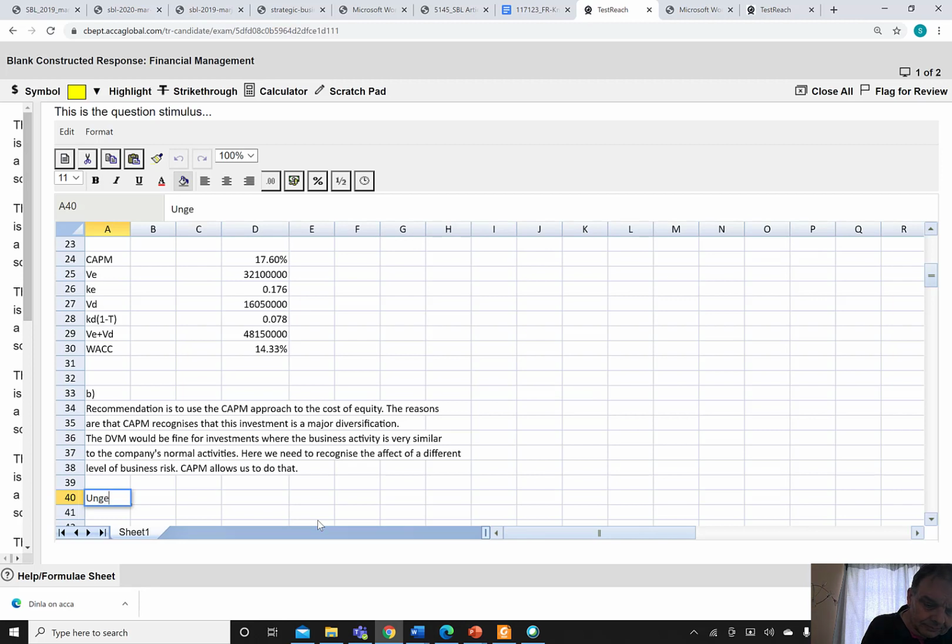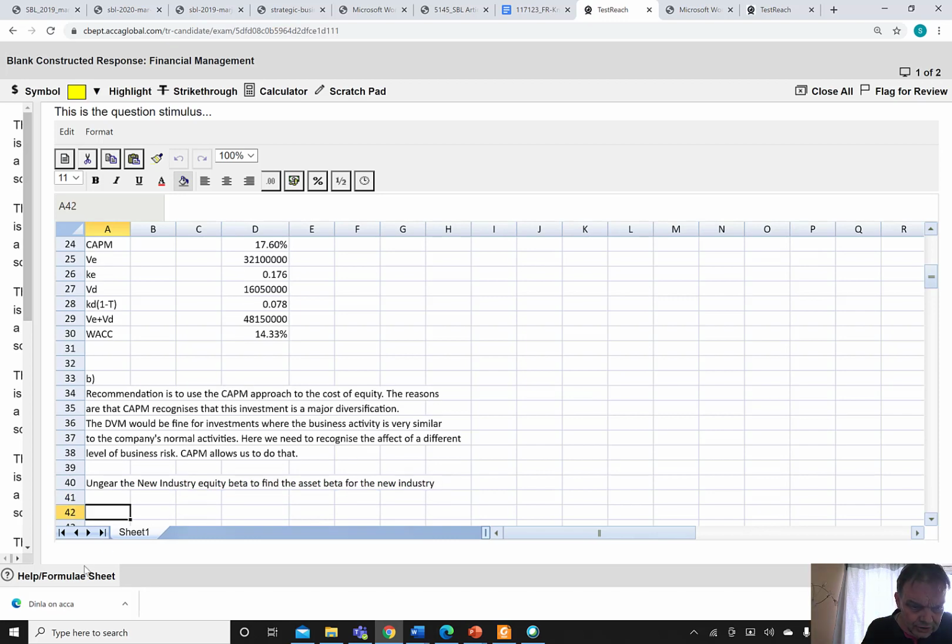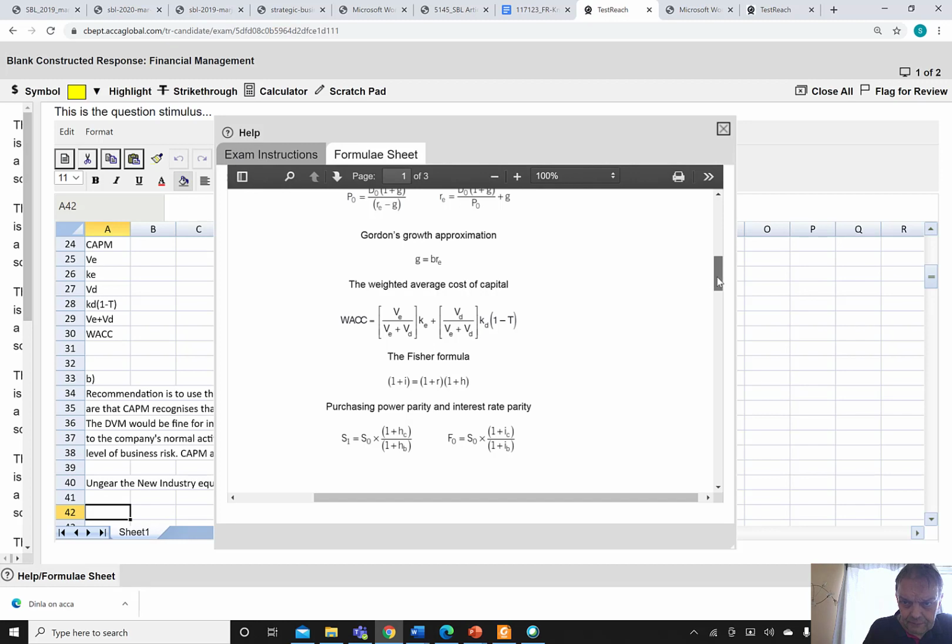But we ungear the new industry equity beta to find the asset beta for the new industry. So for this, we're using our formula sheet again.